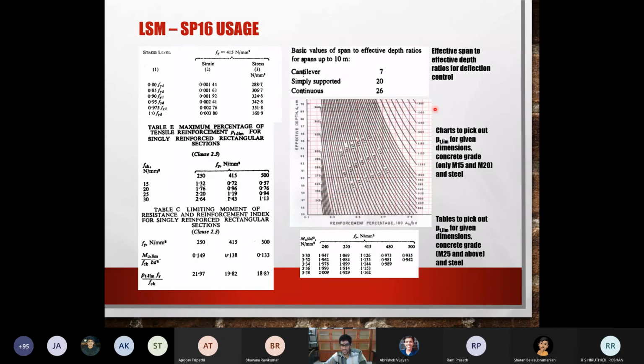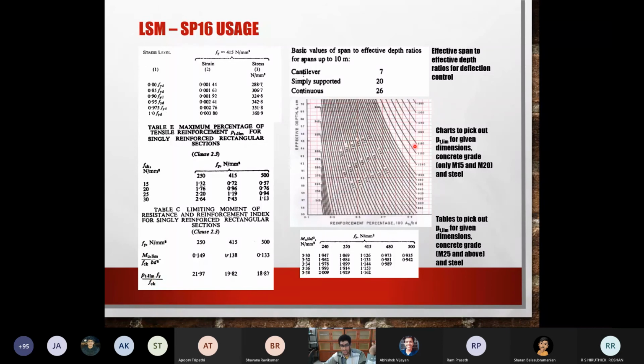When we do the problem, you'll be more familiar with this. This I have told you. Like this, in SP16 you'll have a lot of charts and a lot of tables. Both are equivalent. So somebody says you want to design a beam for this much moment. Then you will calculate Mu by fck b d square. You'll get a certain number.